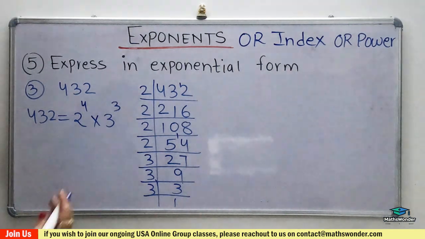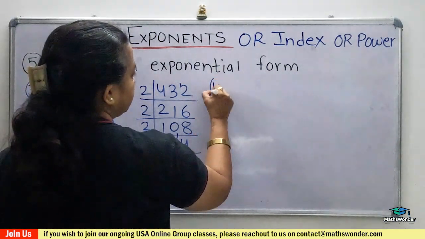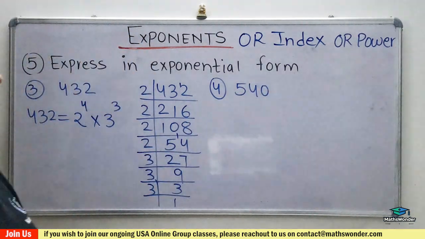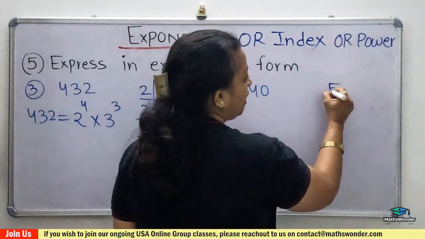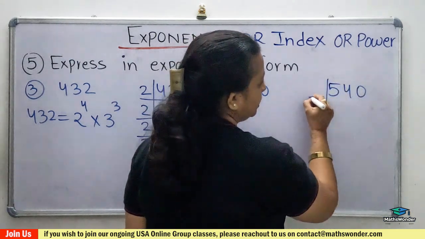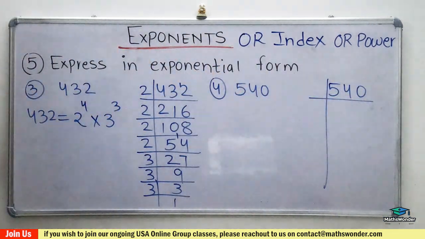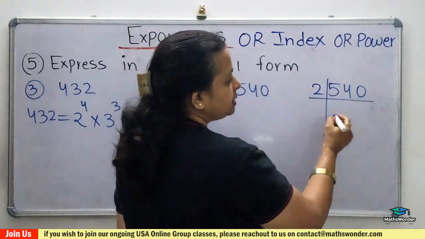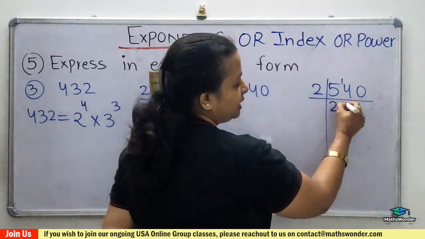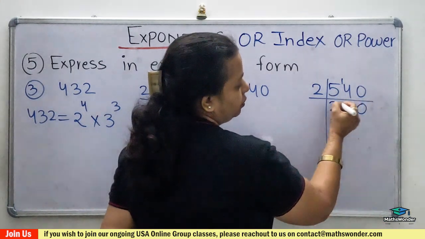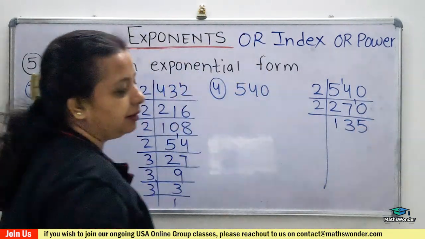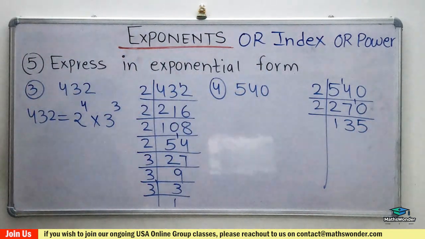Now suppose, see the fourth question. 540. When you find the prime factorization of 540, see 0 is at the 1's place. Which number will be taken first? 2, right? 2 times 2 is 4, carry over here 7 and 0. Now again we can take 2. Any confusion?